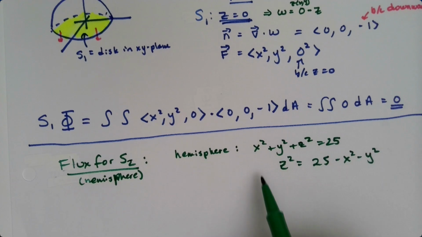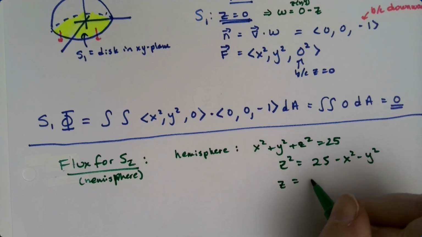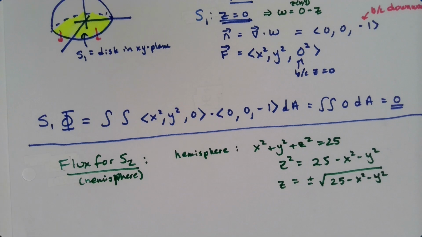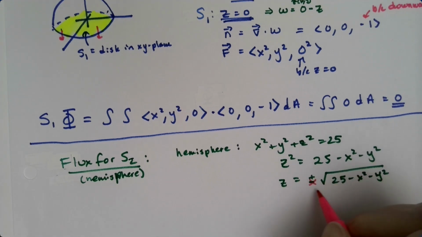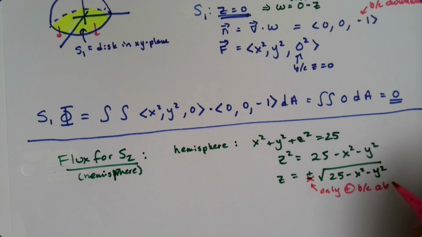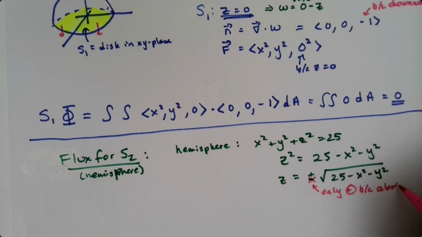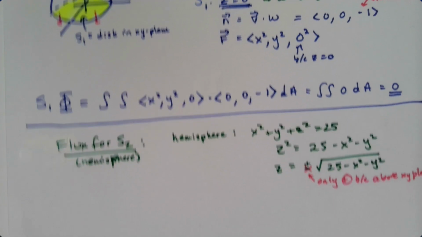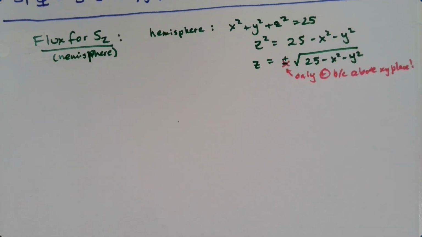Because we're looking at the top half, z is plus or minus the square root, but we only use the positive one because we're looking above the xy plane. So there's our hemisphere. There's z. Now what's W?